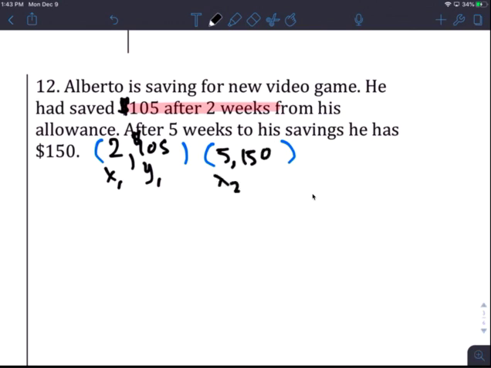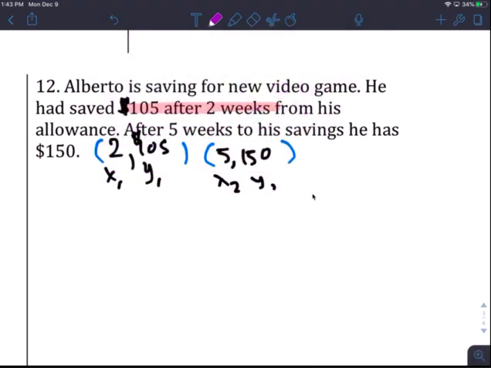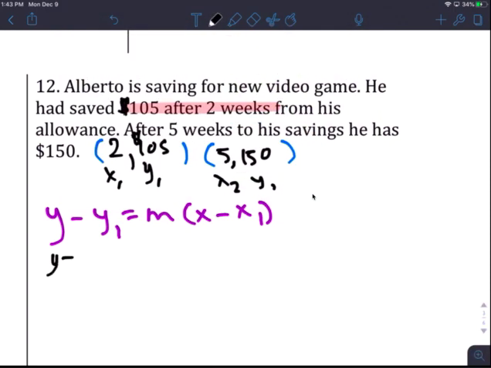Okay, then use point slope formula. Now on your quiz, they'll ask you for point slope, so y minus y1 equals m parentheses x minus x1. Okay, so you get here, you do y minus y1, which is 105, equals m, we don't know yet, x minus x1, which is 2.